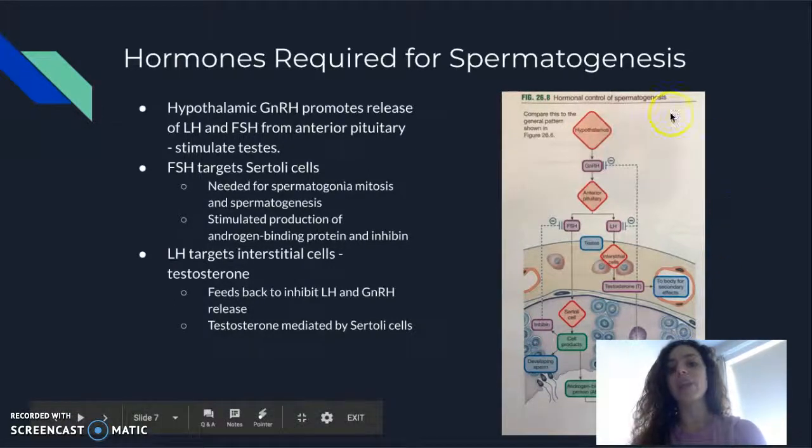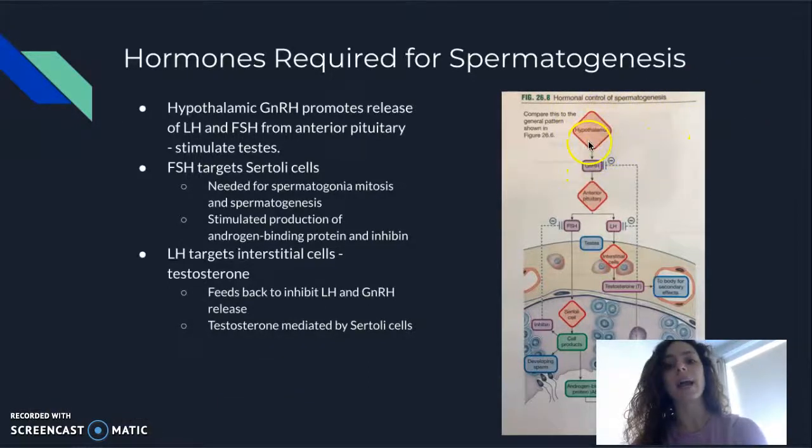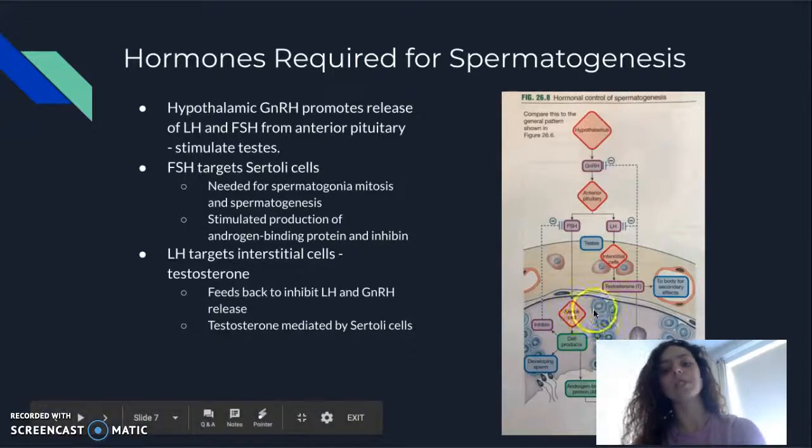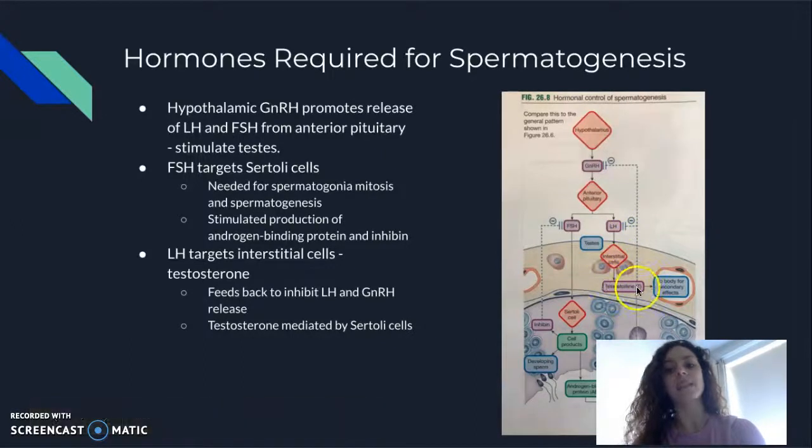So over on the right, we can see a figure that shows the hormonal control of spermatogenesis. Starting at the hypothalamus, it then goes down into the GnRH, and that triggers the anterior pituitary to release FSH and LH. You can see that the FSH will trigger those Sertoli cells, and the LH will trigger those interstitial cells, and then testosterone will be released, and that goes to the body for secondary effects.